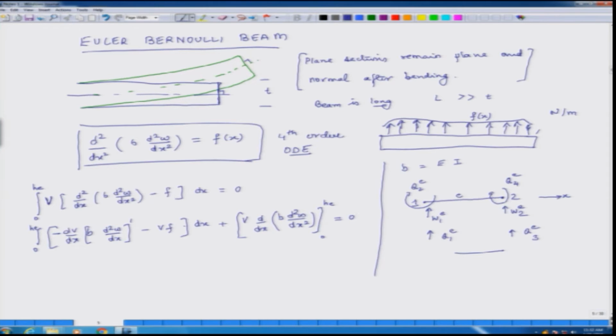So, this is integration by parts once, and I will do the integration by parts one more time.